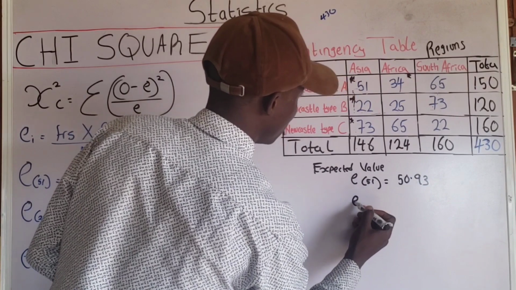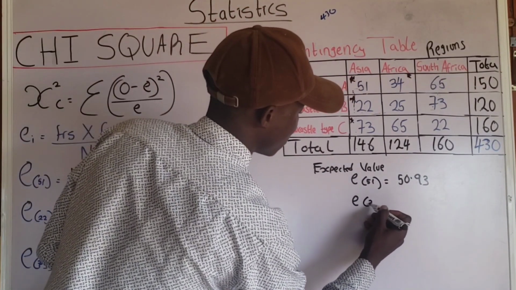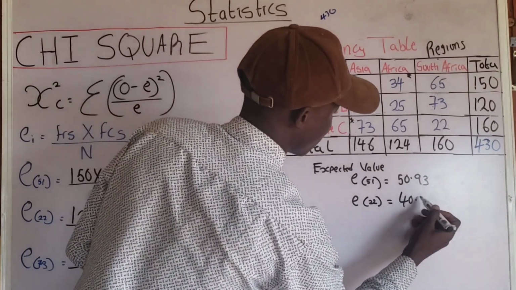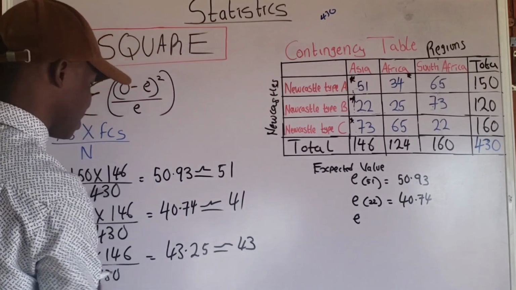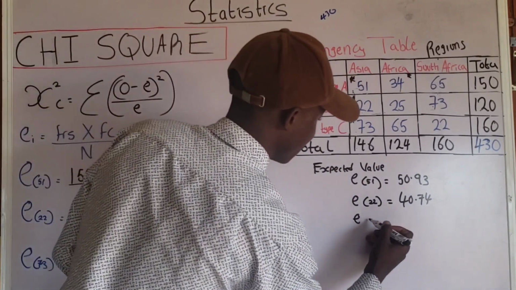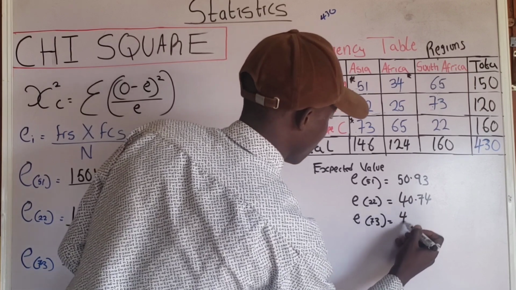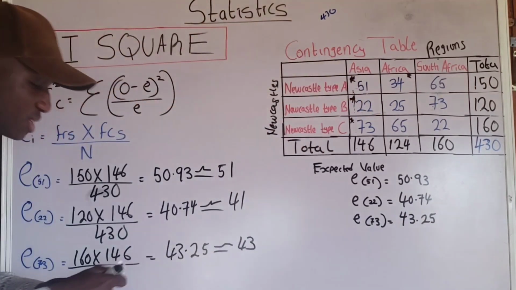The expected value of 22 is 40.74. Then the expected value of 73 is 43.25. Okay. Now let us proceed.